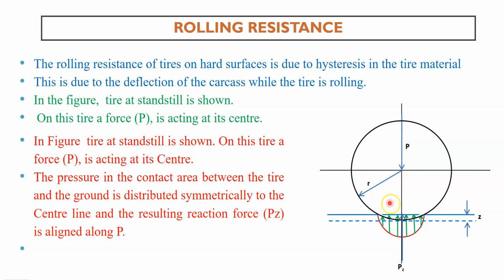The pressure in the contact area between the tire and the ground is distributed symmetrically to the center line, and the resulting reaction force Pz is aligned along P. These are the pressure distributions, the reaction pressures due to the applied force, and the resultant Pz will exactly align with the force P. So this is the condition when the tire is not moving.